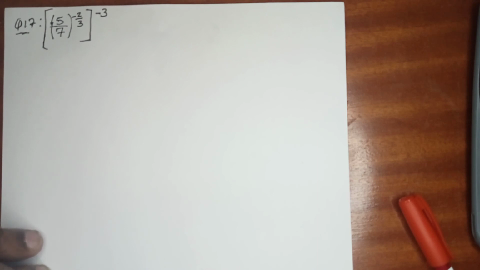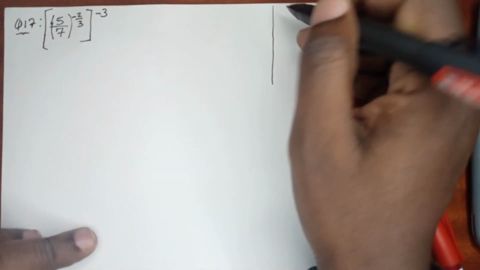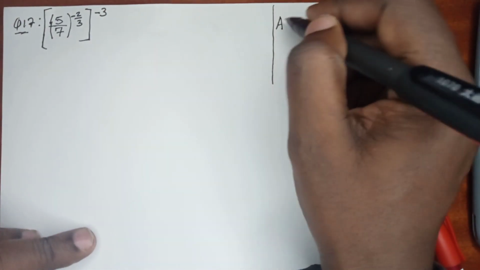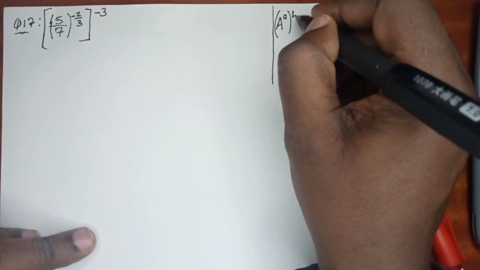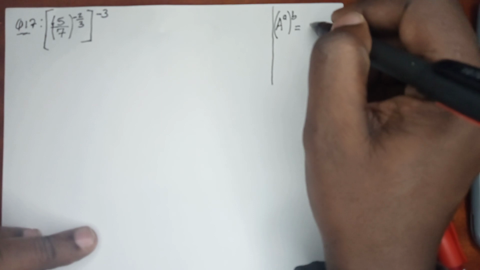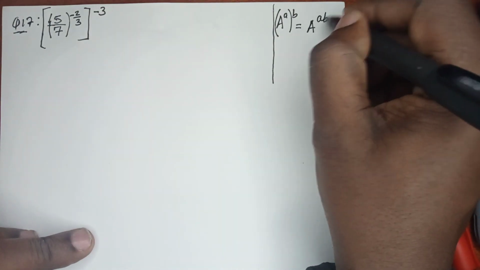So if you look at that setup, we can remember we said somewhere that when a is raised to power a and the same thing, the whole thing is raised to power b, this is the same as a raised to power ab.